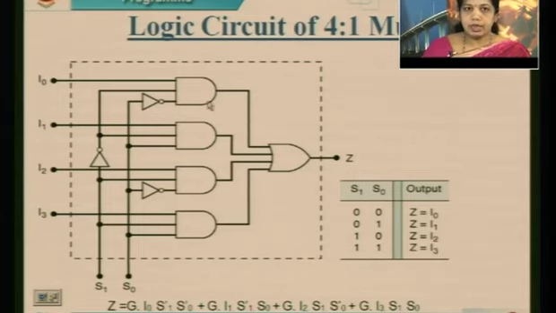At a time, one AND gate output will be high and the rest of the AND gate outputs will be low. So, finally, the input to the OR gate is only one 1 and the rest 0s, based on the output of the AND gates. So, this is the logic circuit of a 4:1 mux.